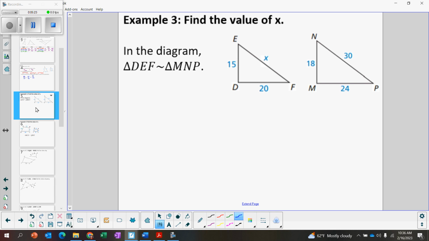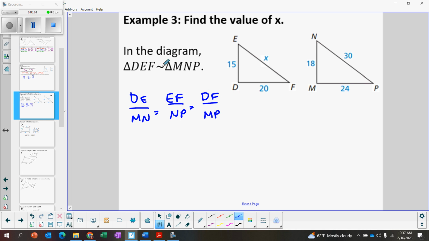All right, so now we want to solve for x. We want to find the value of x. So one thing I could do is I could use ES over NP and DS over NP.